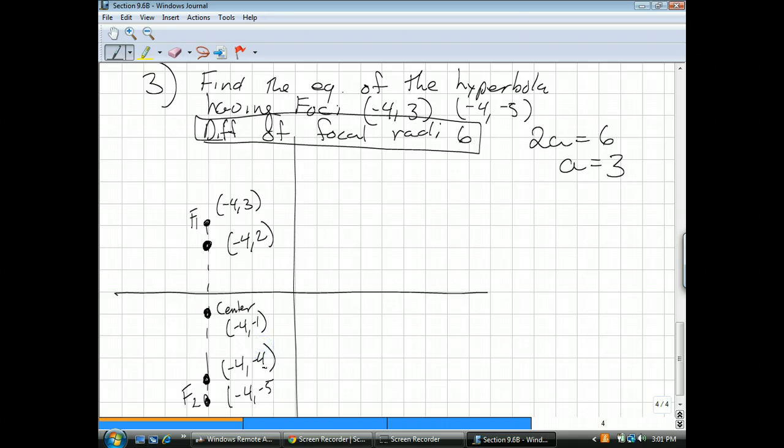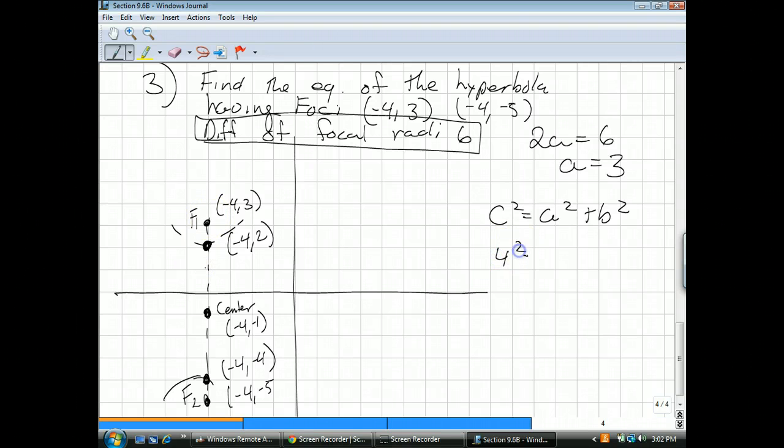And so we know that the hyperbola is going to go like this and like this, but we need our box to see how wide it is. So we need our B value. But we know our C value, we know our A value, and we know C squared equals A squared plus B squared. C is 4.